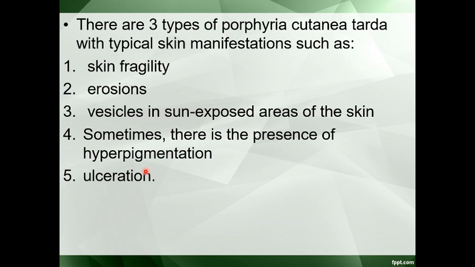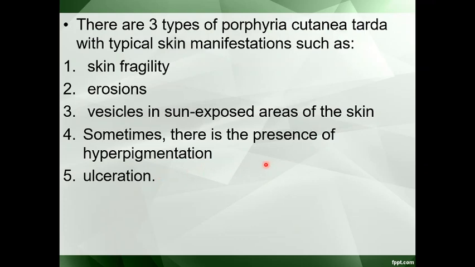There are three types of porphyria cutanea tarda, with typical skin manifestations such as skin fragility, erosions, vesicles in sun-exposed areas of the skin, and sometimes hyperpigmentation or ulceration.